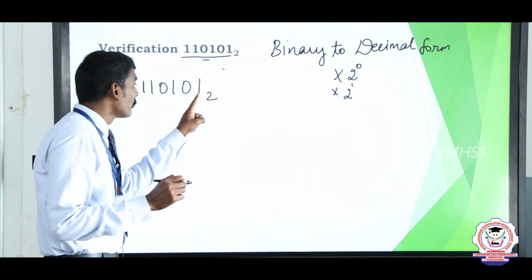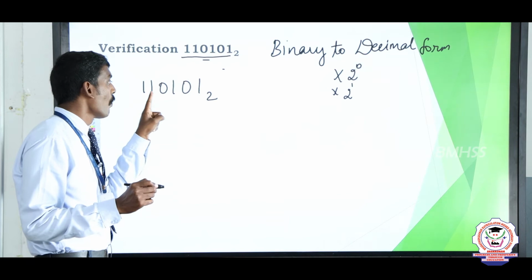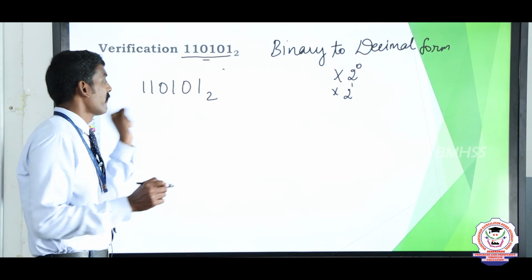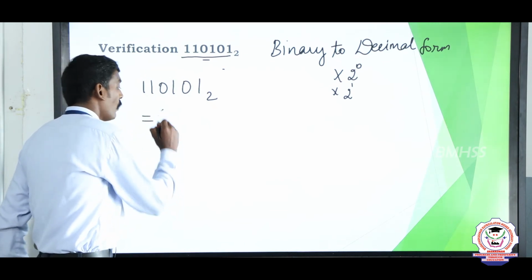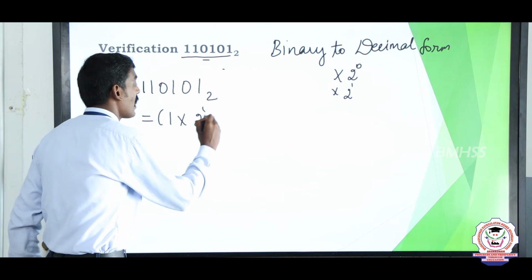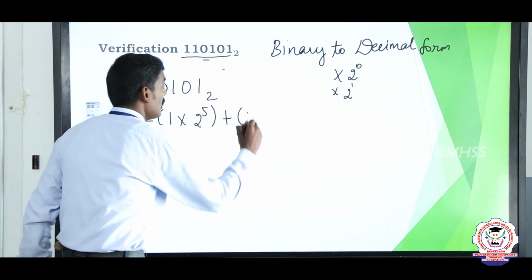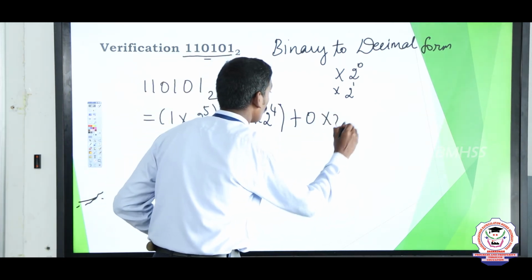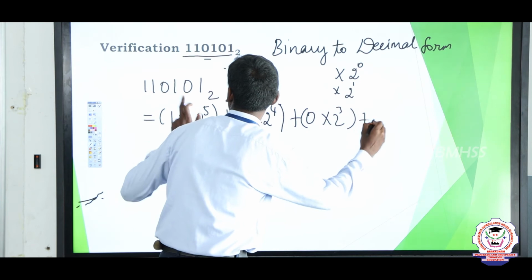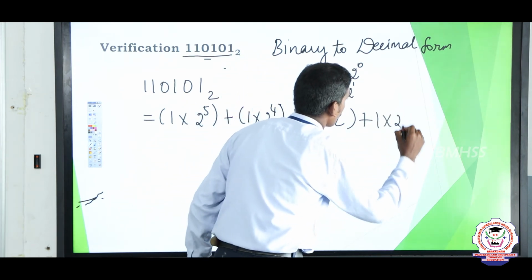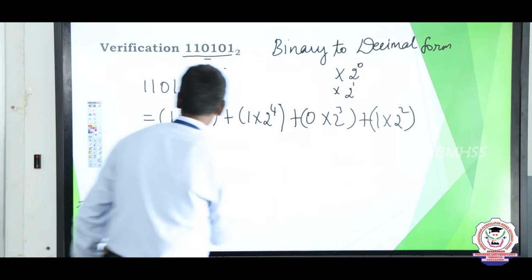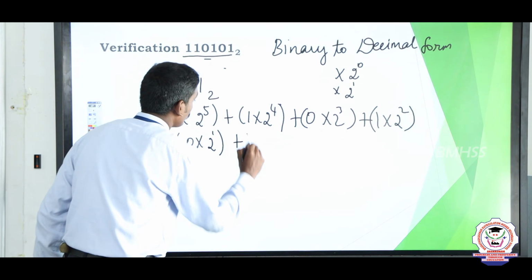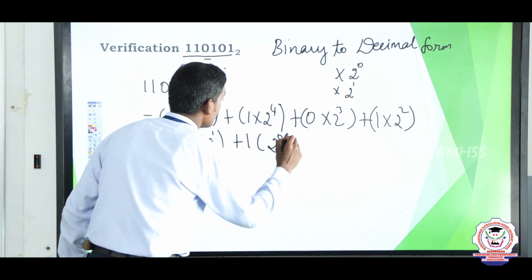This is the 0th position. 1 2 3 4 5. How many places are there? 0 1 2 3 4 5. How can we calculate? 1 into 2 to the power of 5, plus 1 into 2 to the power of 4, plus 0 into 2 to the power of 3, plus 1 into 2 to the power of 2, plus 0 into 2 to the power of 1, plus 1 into 2 to the power of 0.